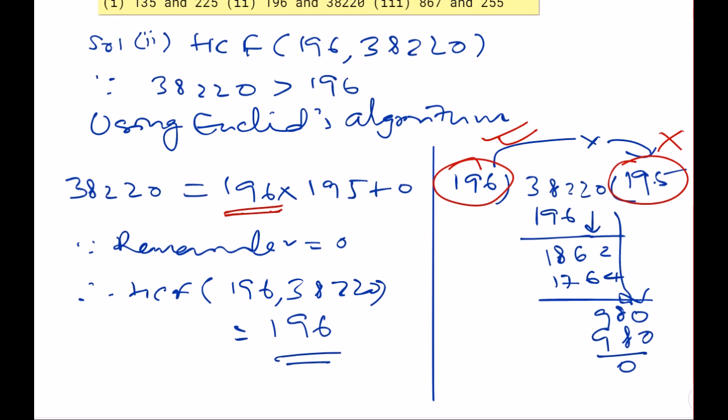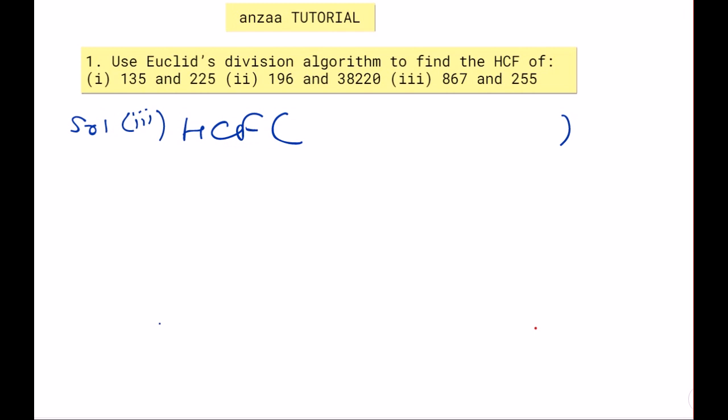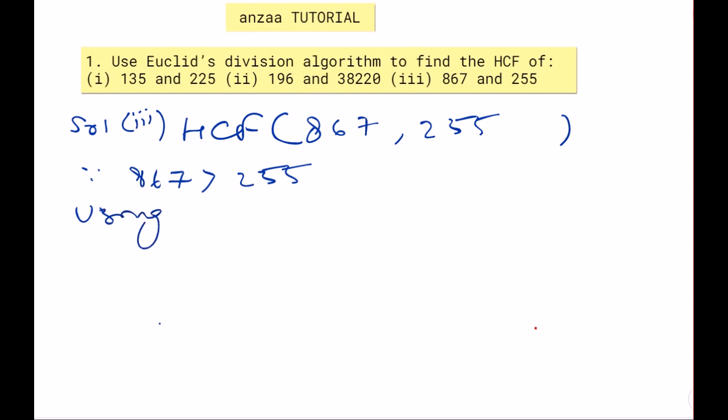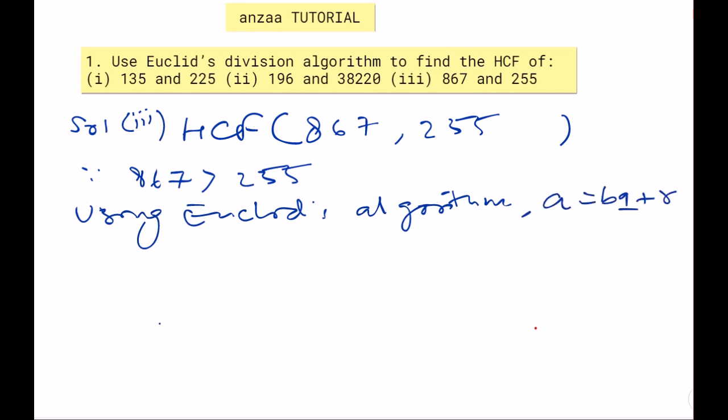Okay guys, the third part of this question is find HCF of 867 and 255. So here, since 867 is greater than 255, so using Euclid's algorithm, that is A equals BQ plus R, we have in place of A 867 equals, write the smaller number 255 into what?